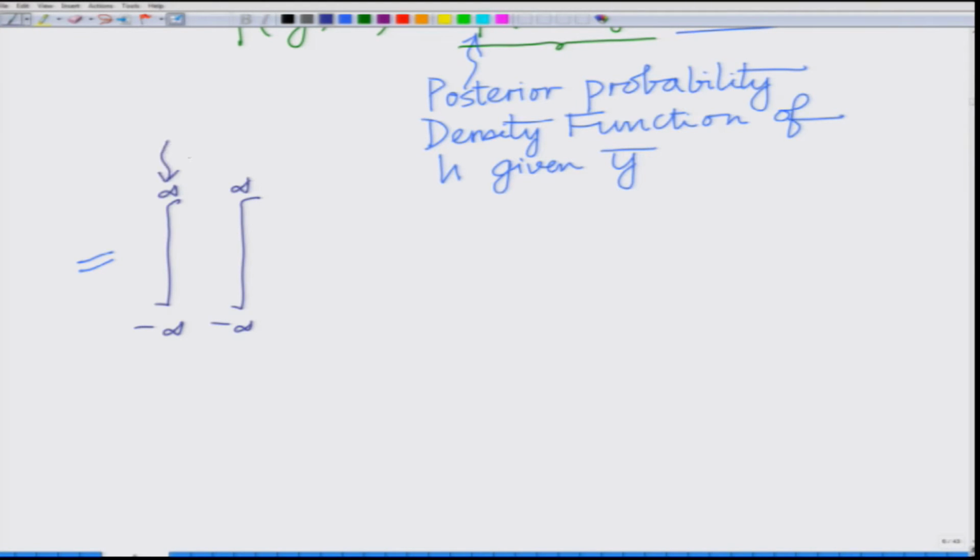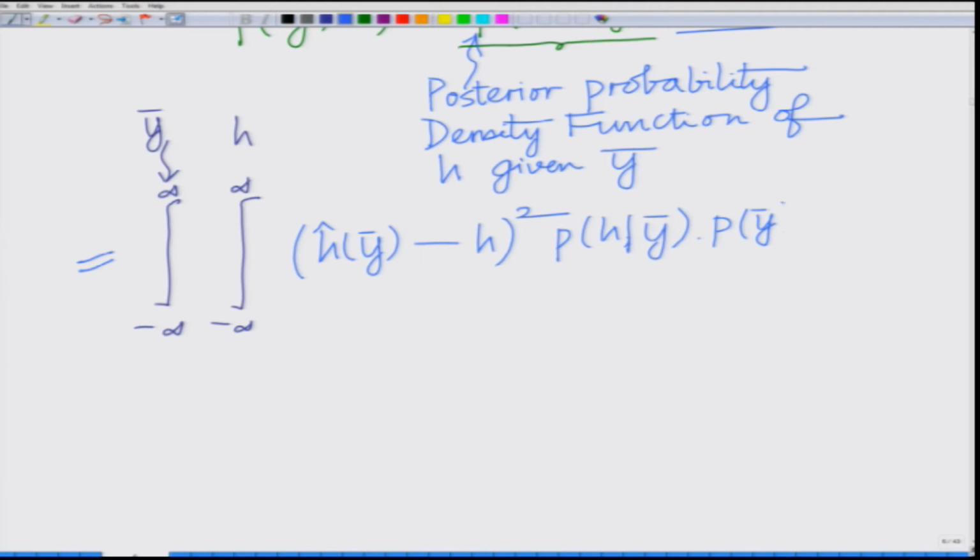Remember there are two integrals, the outer integral with respect to y bar and the inner integral with respect to h, and we have h hat of y bar minus h whole square times, instead of the joint probability density function, P of h given y bar into P of y bar, d h d y bar.